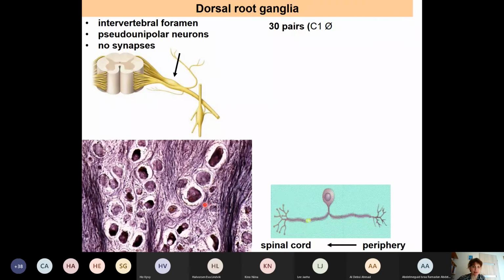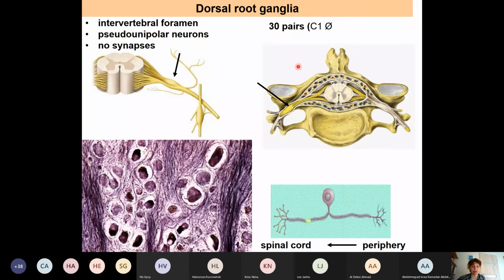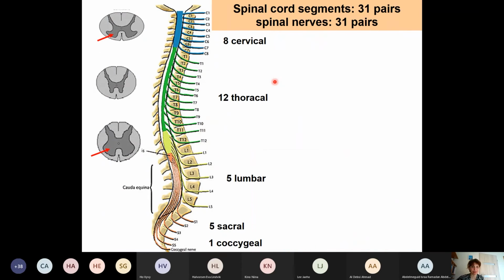Yes, you can see here the pseudo-unipolar neurons. And what I want to emphasize is that these ganglia are located in the intervertebral foramina. And we only have 30 pairs of these ganglia because the segment C1 doesn't have any sensory fibers and any sensory ganglia.